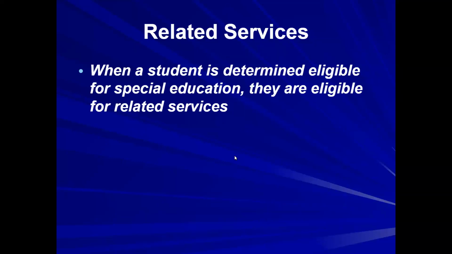However, if you are determined eligible for related services, that doesn't necessarily mean that you'll get a program service. So it only works one way. So you have to be determined for services first before anything else.